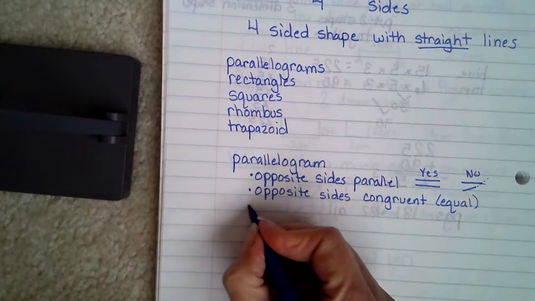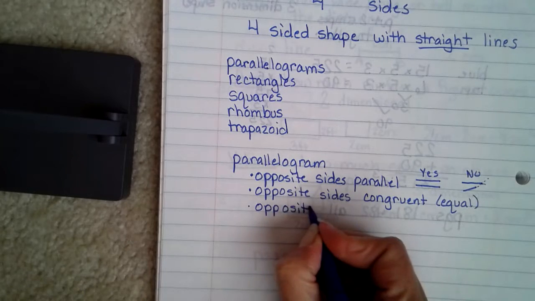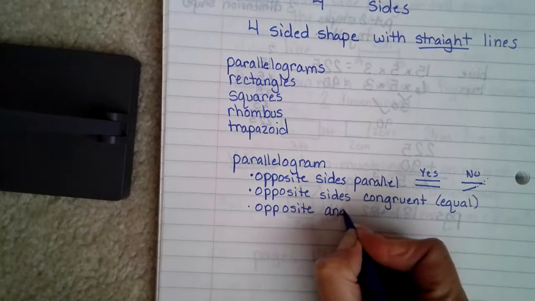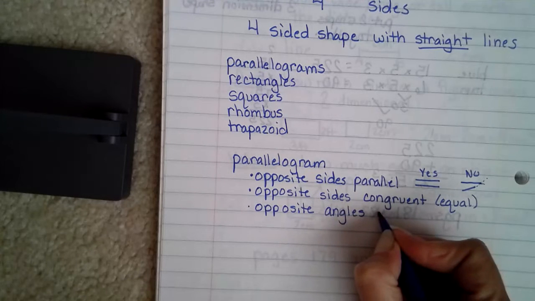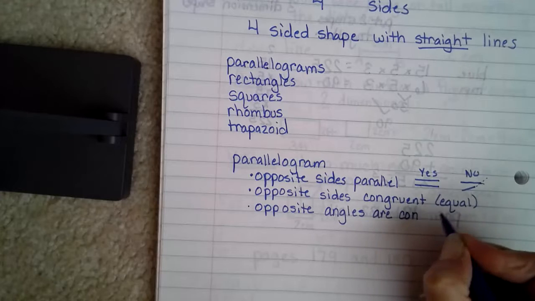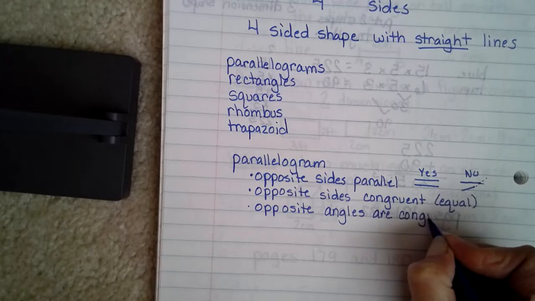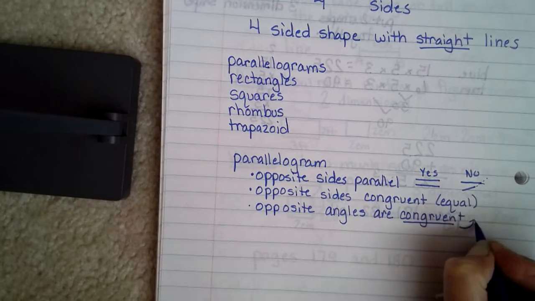And the opposite angles are congruent. So again, the opposite angles are equal to each other. So congruent is like another word for equal.